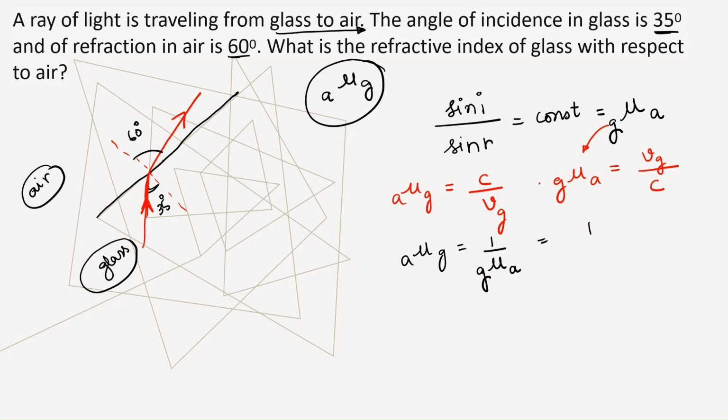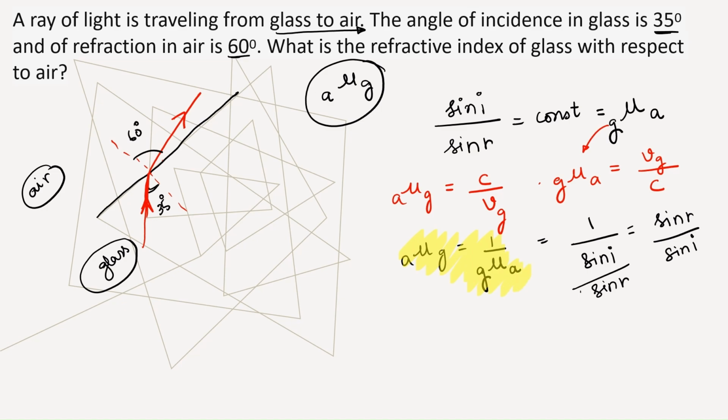So what is this? Sin I by sin R. Hope you are getting it. Or let me write one more step for you. 1 by sin I by sin R. Now the denominator goes to the numerator, sin R by sin I. Remember this result. This result is important.